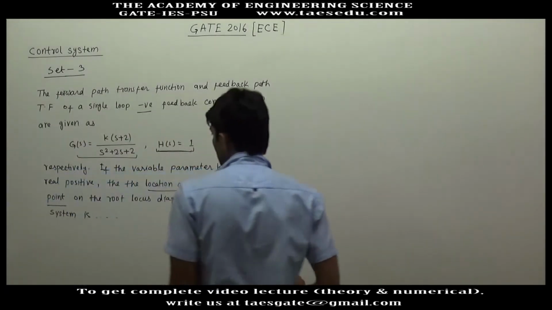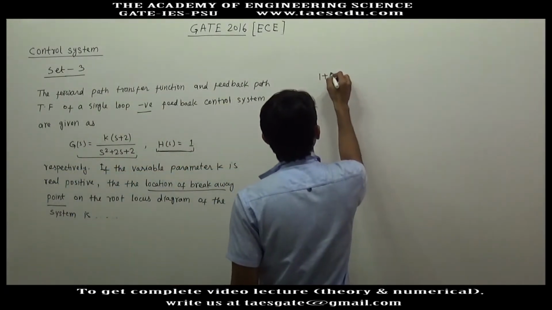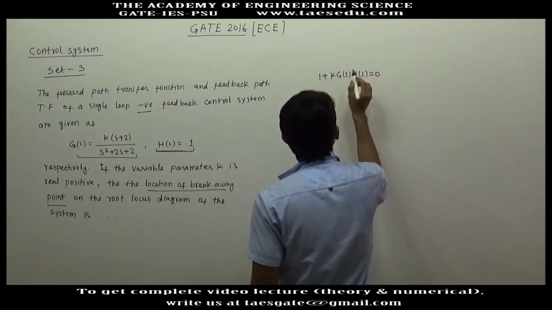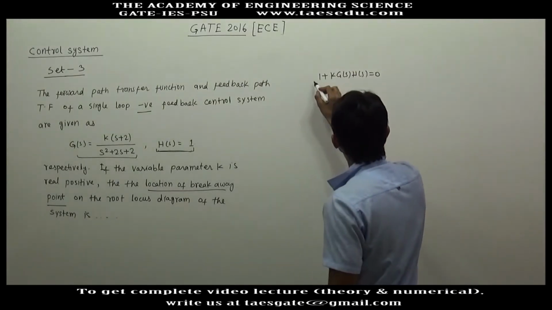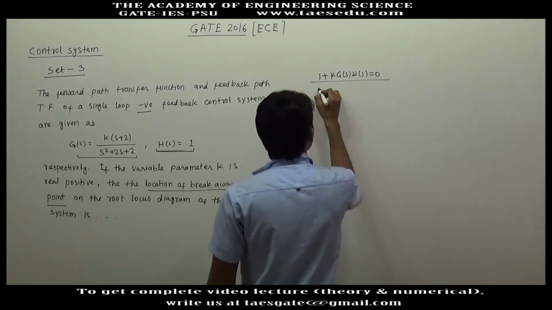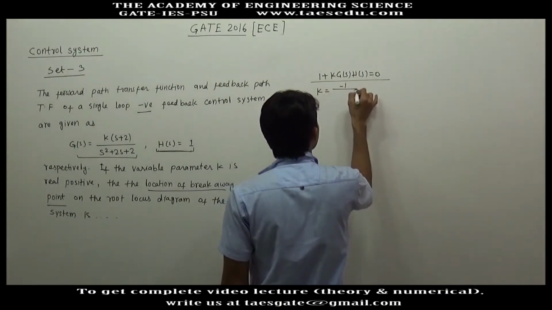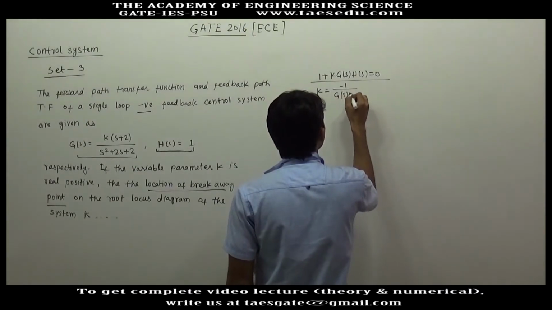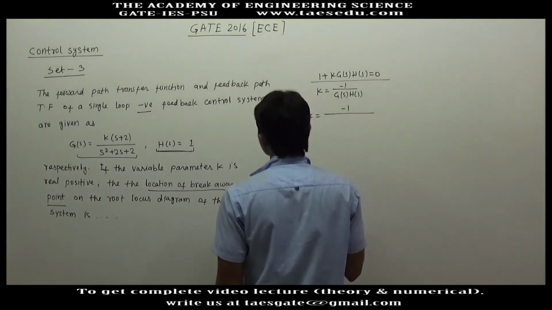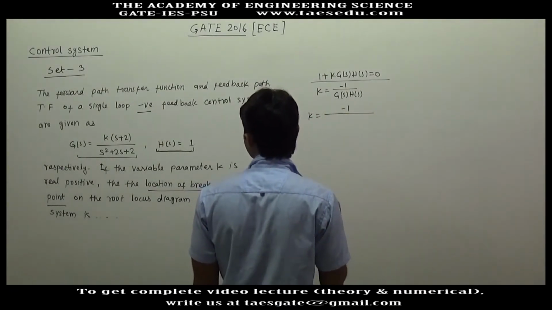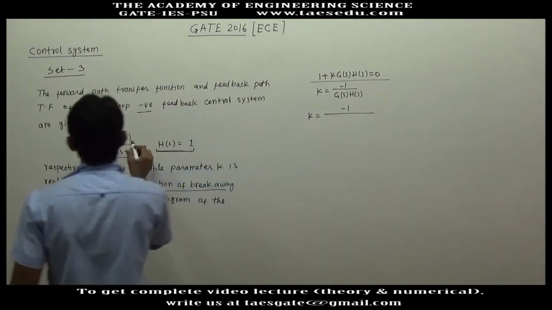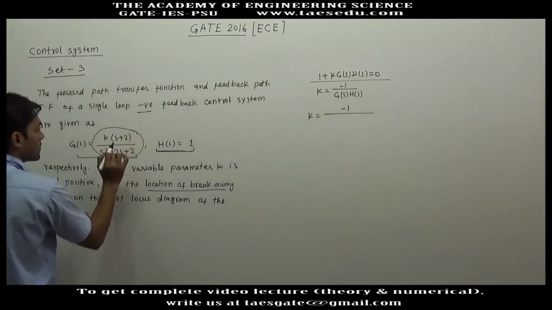So to find out the breakaway point, we will have 1 plus K G(S) H(S) equal to 0. Okay, if a point is on the root locus, 1 plus K G(S) H(S) will be 0. This equation will be satisfied, and we will find K equal to -1 divided by G(S) H(S).